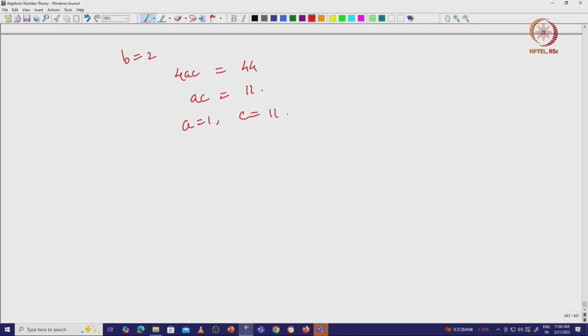So, that is the only solution, and so you get x square plus 2xy plus 11y squared, right.